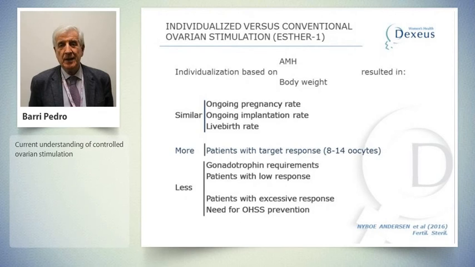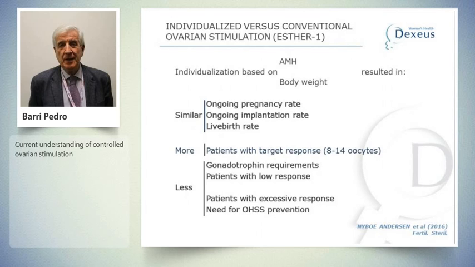And in a multi-center study we were involved in, the clinical conclusions were that you can adapt, you can individualize, you can tailor the strategy based on AMH, age and body weight of the patient, and this will result in similar ongoing pregnancy rate, ongoing implantation rate, and live birth rate.